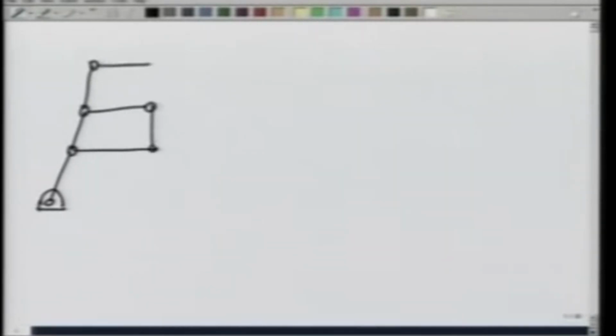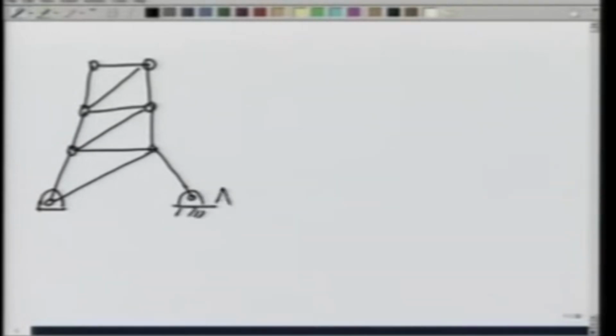This is a truss like this, where the lower point here is fixed, these are joined like this by rods, and this point is also joined by a rod, and this point is then fixed here at point A. So, this is a truss A, B, C, D, E, F, G and H.